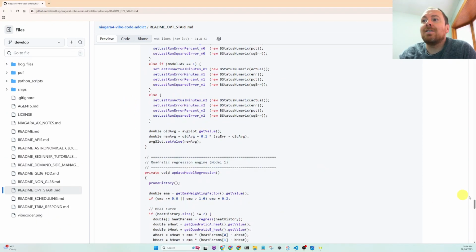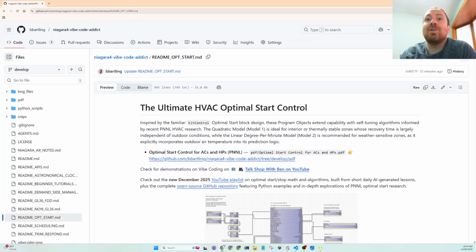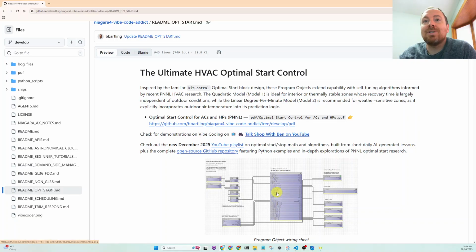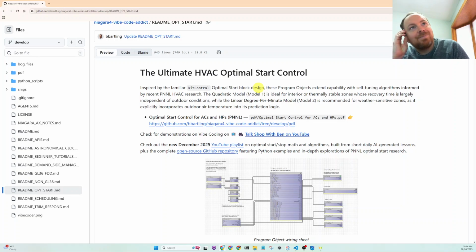These were separate program objects to run Model 0, Model 1, Model 2, but I just came up with this idea to make the ultimate HVAC optimal start, which includes all of the models. I think it'd be really cool if there was a Niagara developer out there.